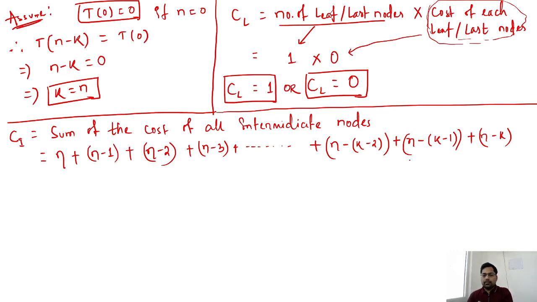Why we are writing it this way is that whenever we are finding it, we know the previous value will be minus.